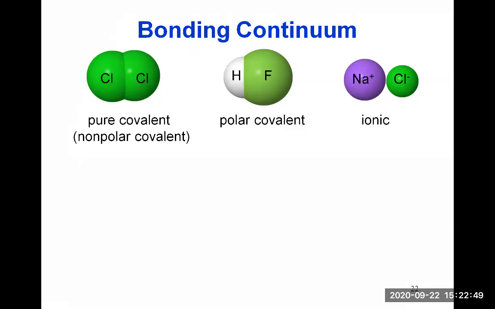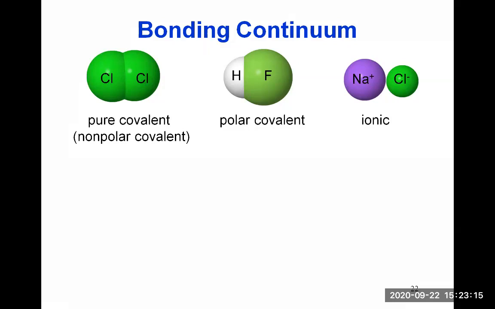Then if you have elements that start to have more and more difference in their electronegativity value, then you move towards polar covalent bonds. And if the electronegativity is such that the most electronegative element pulls on the electron and completely grabs it, then you have an ionic bond.